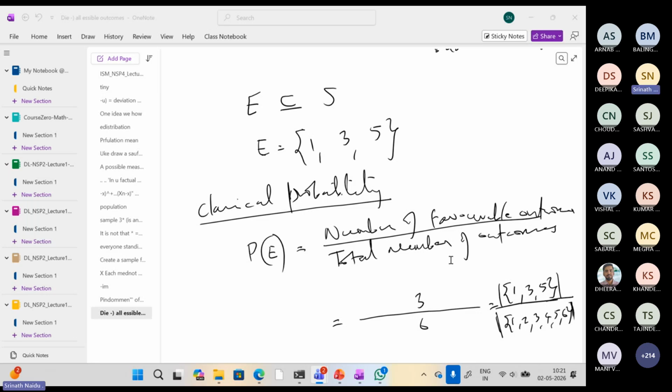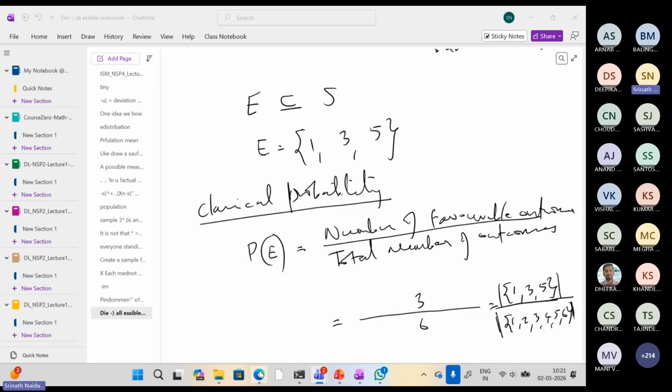Now, this is under the provision that all the individual outcomes are equally likely. So let's work with that provision that every single face of the die occurs 1/6 of the time. That being the case, what is the probability of my seeing an odd number on the face of the die? 3 by 6. So that's the classical definition of the probability.